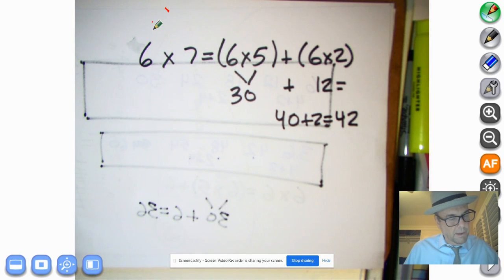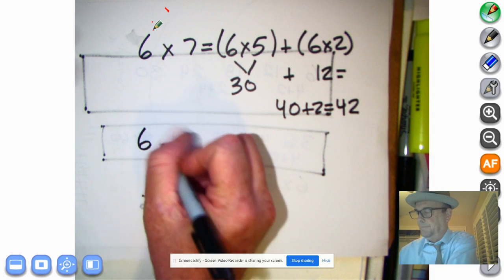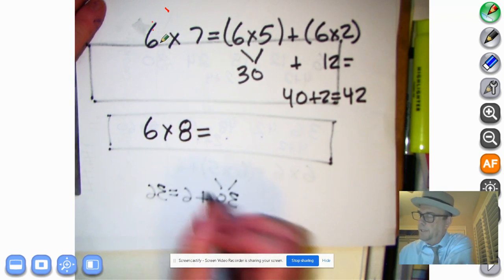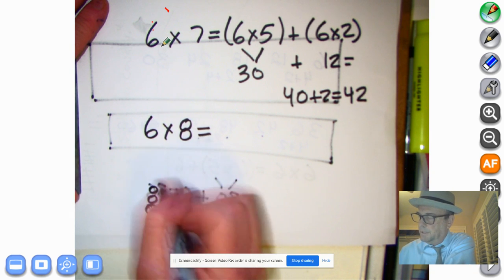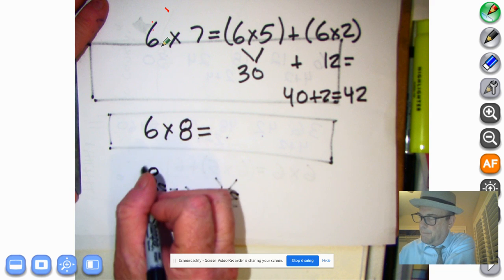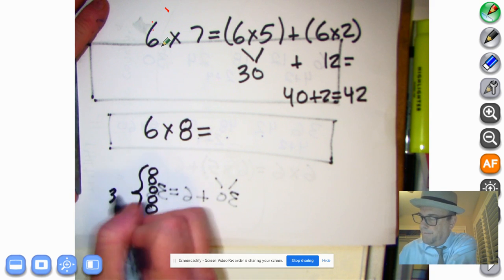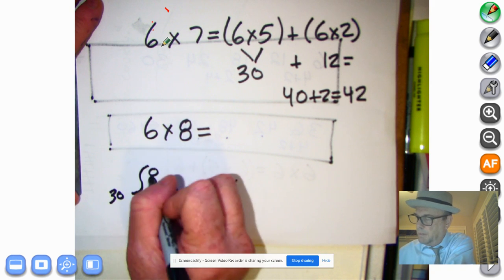And we can try one more while we're at it. Let's keep going with 6 times 8. And I like looking at it this way, like we did on our homework yesterday. We can go like this: 1 six, 2 sixes, 3 sixes, 4 sixes, 5 sixes. We know that 5 times 6 is 30, right? 6, 12, 18, 24, 30.